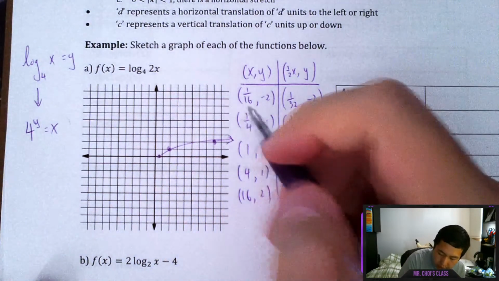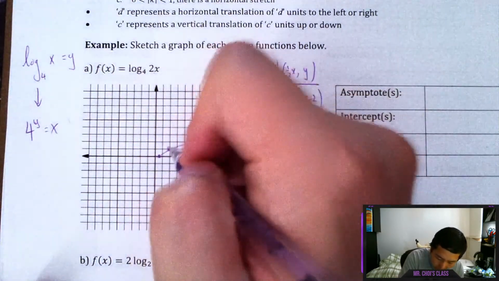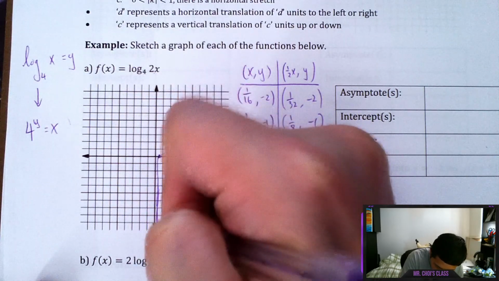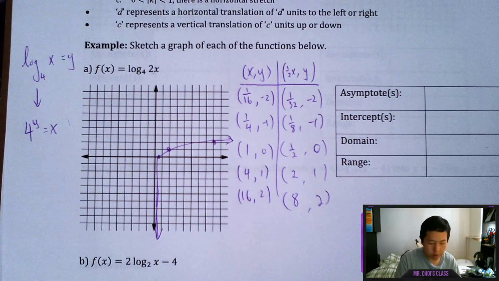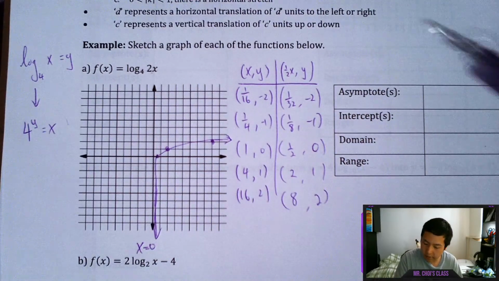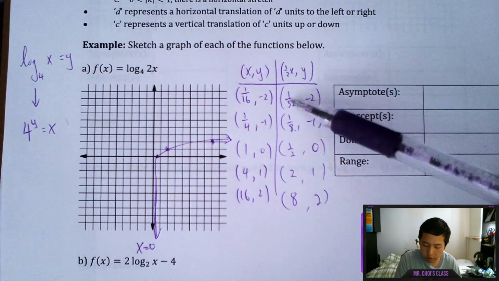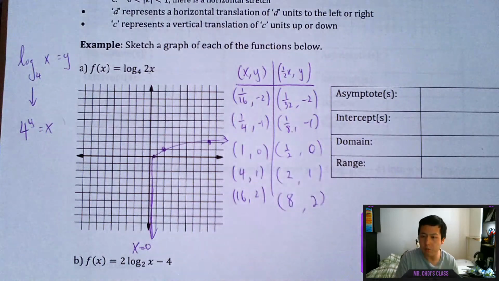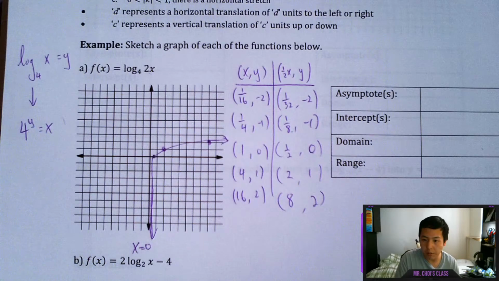We have to understand that a logarithmic function, log base something of x, will have a natural vertical asymptote at x equals 0. So there is an asymptote at x equals 0. It's going to be difficult to draw 1/8 and 1/32 for x, so we're just going to approximate it as best as possible with an accurate sketch. And that's kind of what we're going to end up with here.